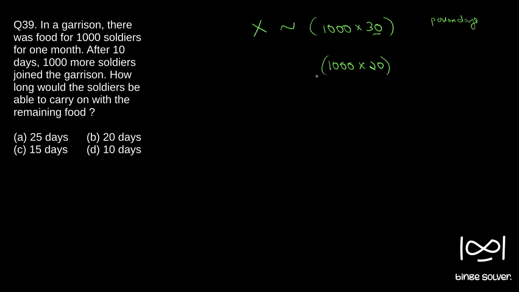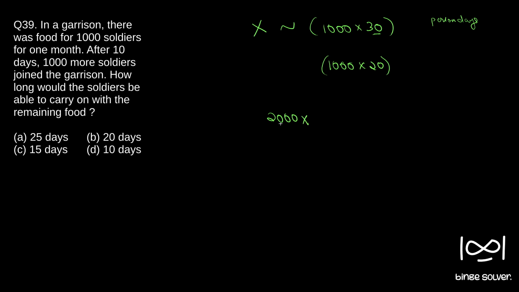So if there is 1,000 into 20 person days of food left, then the question says after 10 days, 1,000 more soldiers are added. So 2,000 people are now there, and the question asks how long the soldiers would be able to carry on with the remaining food.